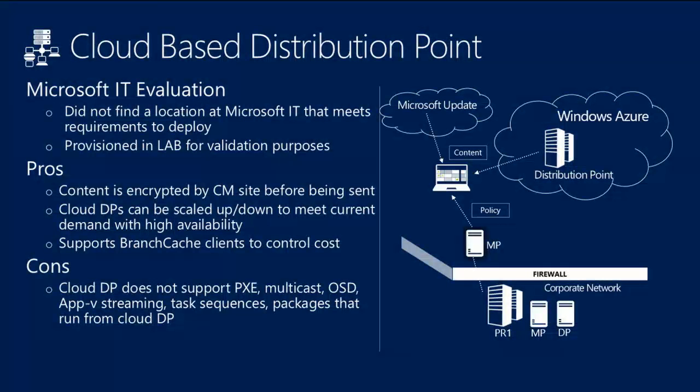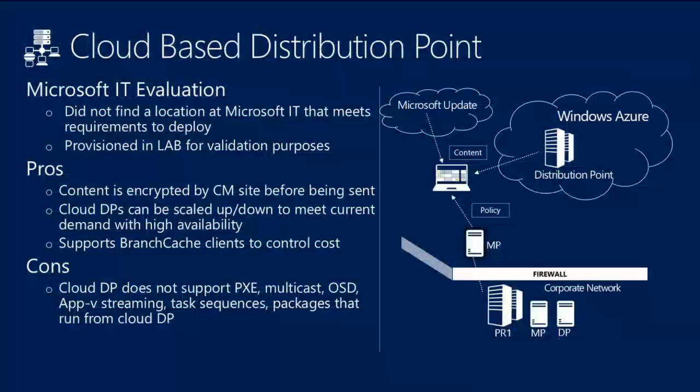The cons from our side, which was the main deal breaker for us in not implementing it: from a network standpoint, Microsoft has invested a lot in building reliable networks across our field offices. So we didn't find a lot of scenarios where we had a location with an independent network connection that could potentially use this.